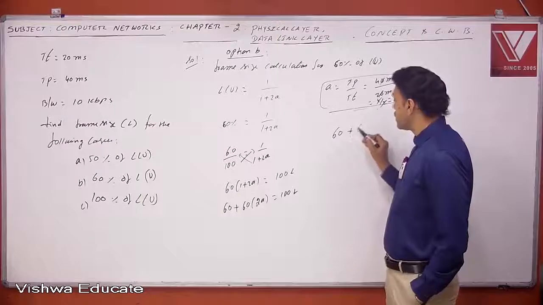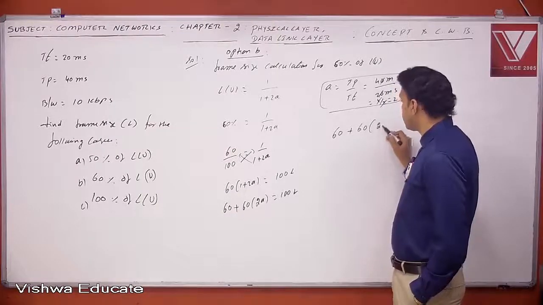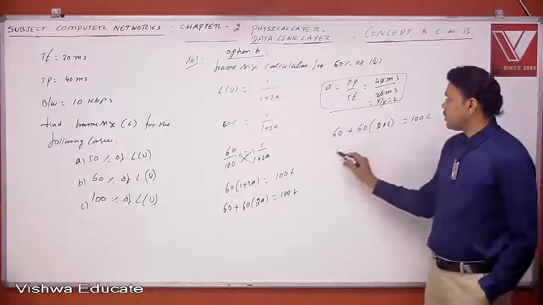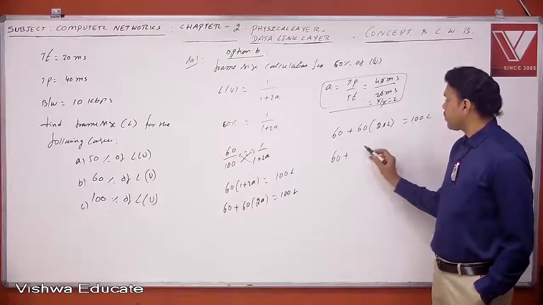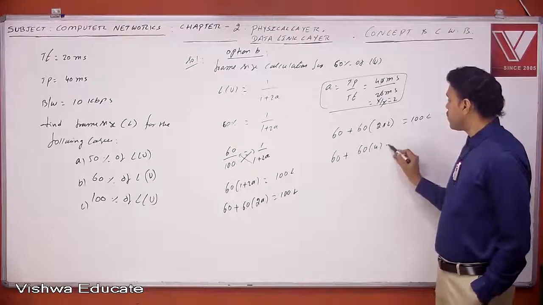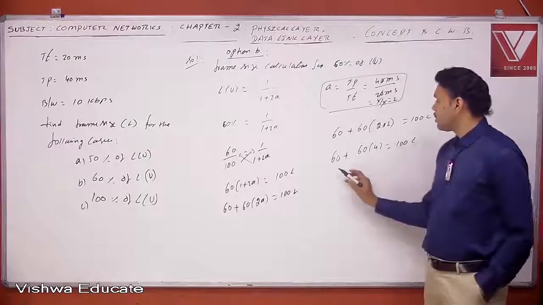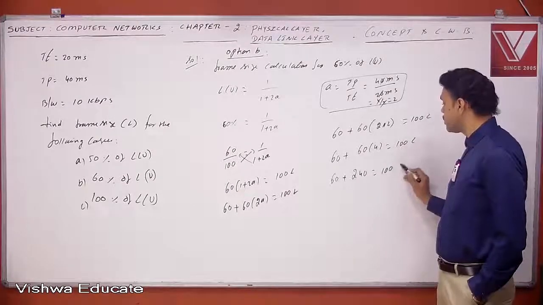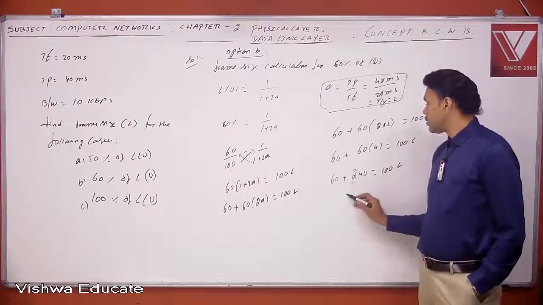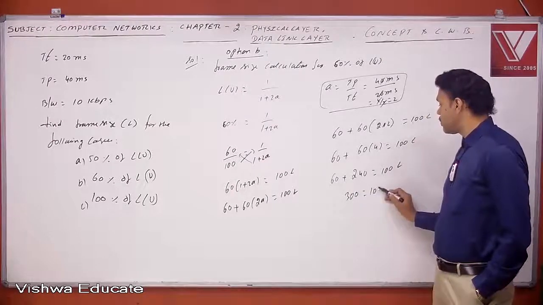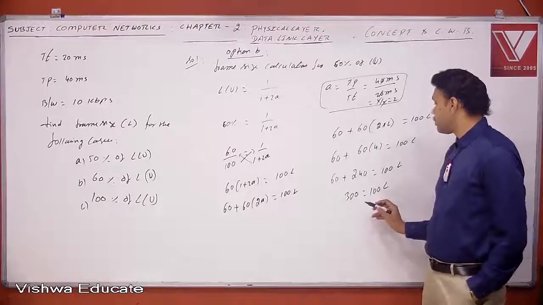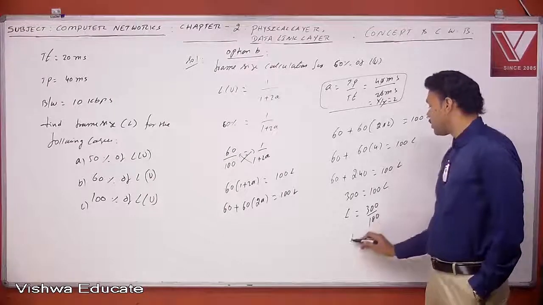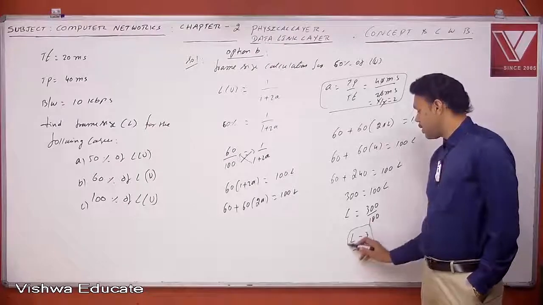Therefore, 60 plus 60 of 2 into 2 equal to 100L. So 60 plus 60 into 4 equal to 100L. So 60 plus 240 equal to 100L. Then it is 300 equal to 100L, and therefore L equal to 300 by 100. So L equal to 3.